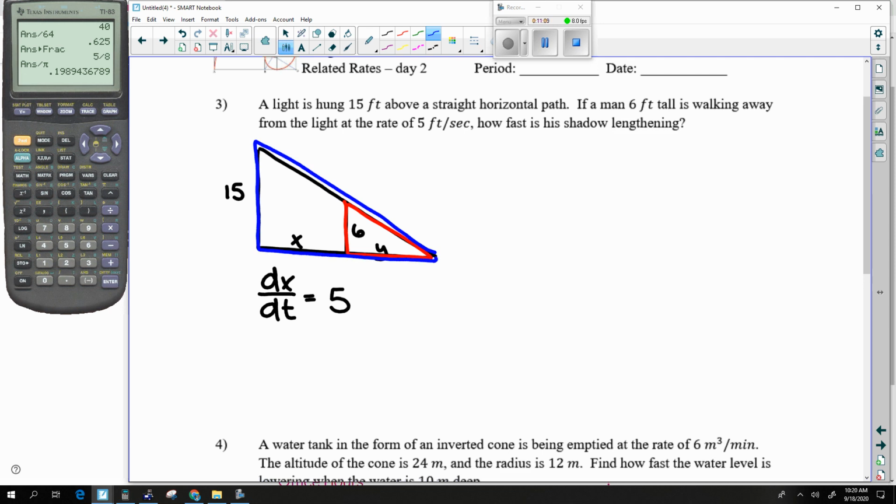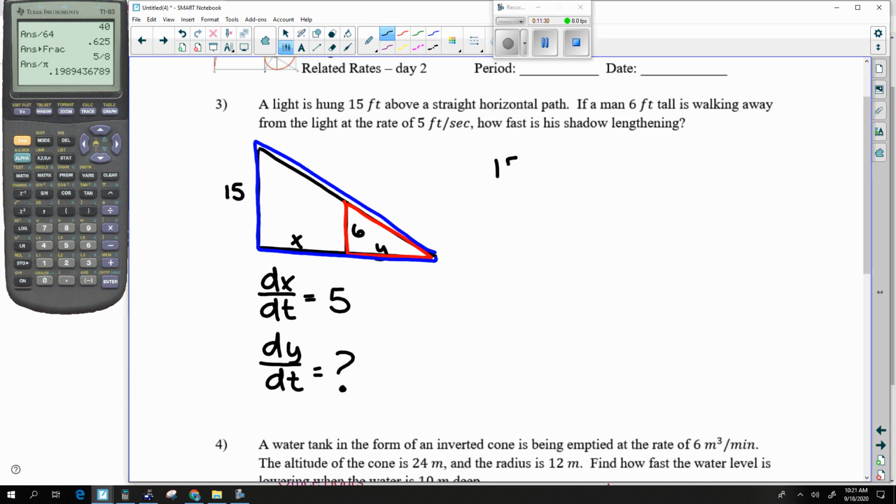And so what I'm going to do is set up ratios of similar triangles. The question is how fast is the length of the shadow changing, and that's, again, very specifically dy/dt.